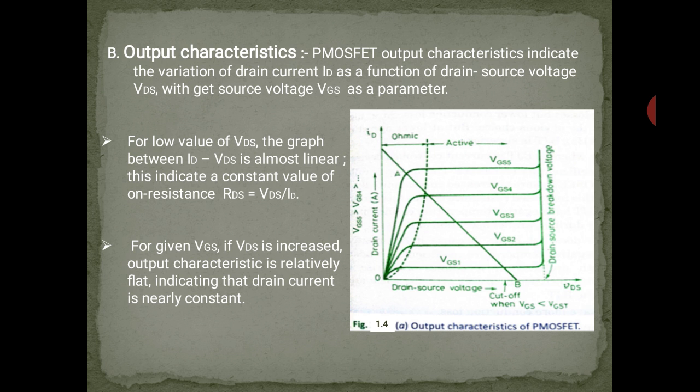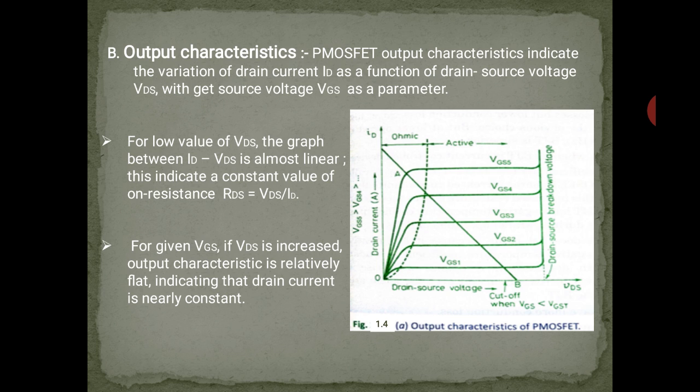Second is output characteristic. Power MOSFET output characteristic indicates variation of drain current ID as a function of drain source voltage VDS with gate source voltage VGS as a parameter. For low value of VDS, graph between ID and VDS is almost linear, that is shown in the diagram.